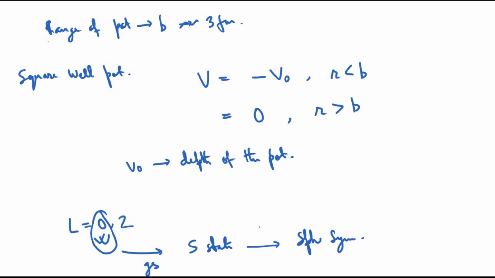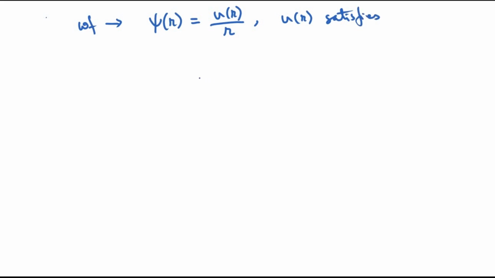Okay, so let me write down the wave function. Psi of r is equal to u of r by r, where this u of r satisfies the equation, let me write it down, d2u/dr2.